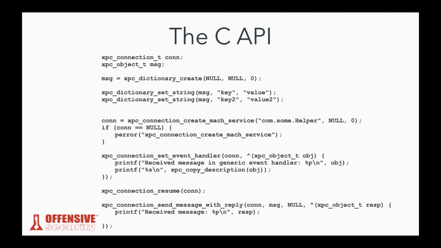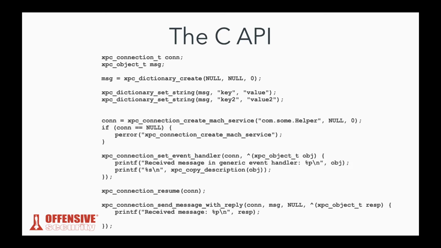Initially, we create an xpc_connection_t variable, then an xpc_object_t variable, msg, which will be the message. The message in XPC is always a dictionary. We create an empty dictionary, and then we add keys and values to it.